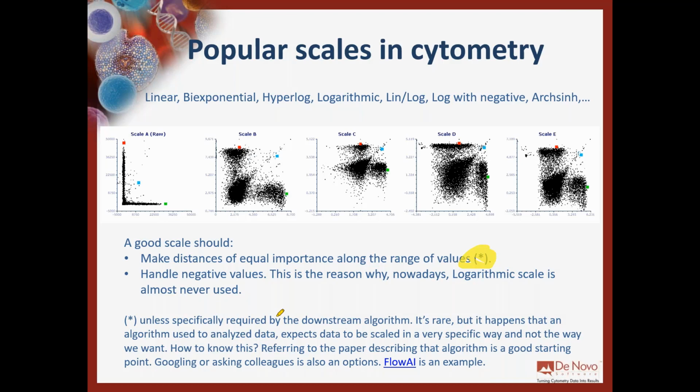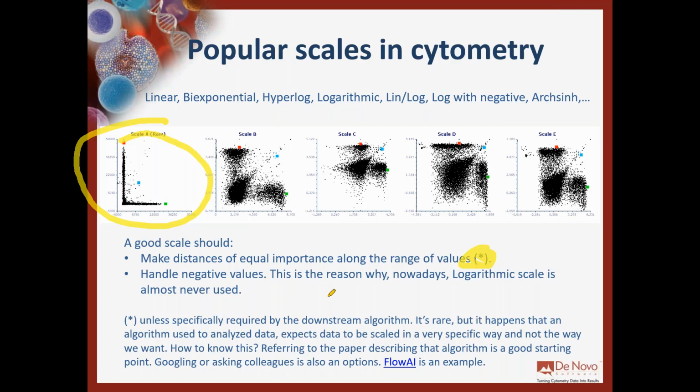One exception is algorithms that analyze DNA cell cycle data, so G1, S, and G2, which usually want the data to be linearly scaled. Another exception is FlowAI, which is suggested to be used on linear scale, so on raw data. FlowCut, for example, is suggested to be used on scaled data. So there are a few exceptions.